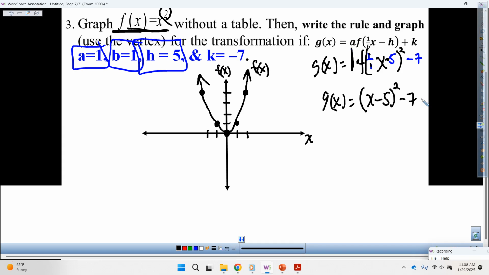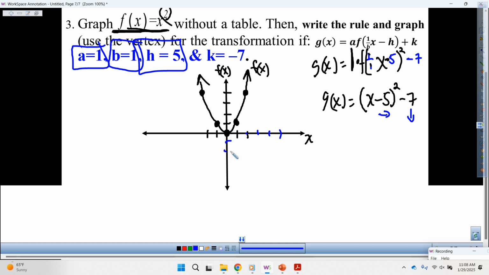So, tell your neighbor where we're going to move those 5 points to. Then Renzo is going to enlighten us where we're going to move these 5 points to according to that. 5 to the right? 7 down. That is correct. 5 to the right. 1, 2, 3, 4, 5.